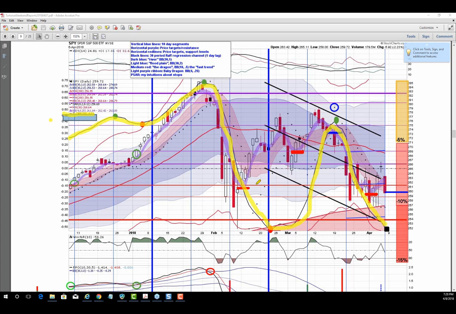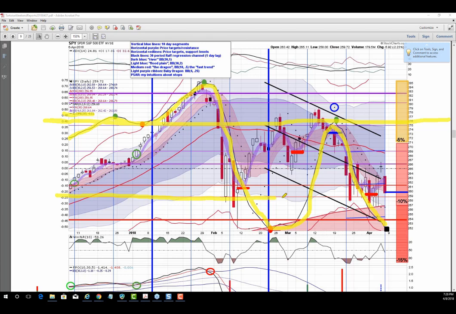Now I've gone back and computed long-term averages and standard deviations, and it turns out that, let me get this little box off here just a minute, the key levels in this are on the upside 0.40, and I'm going to draw that line across 0.40, and then minus 0.22.